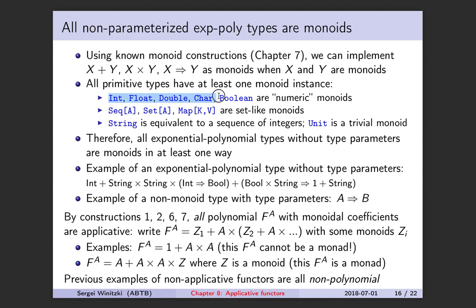For instance, these are all like numbers. They can be added together, and that's a monoidal operation. These are all like sets, where you can have a union of two sets. So here is a sequence, a union is just concatenation, and this is a set union, and this is a map merging union.